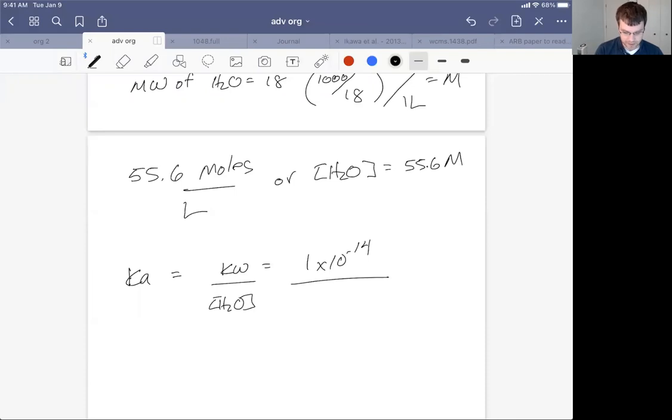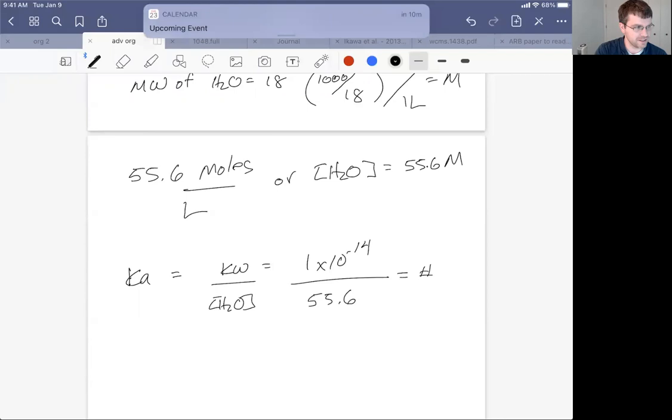I'm going to divide that by 55.6, and I get some number here. That's going to be tough for me to pull off without a calculator. Sorry, I'm not prepared. Let's see if my little calculator can handle that.